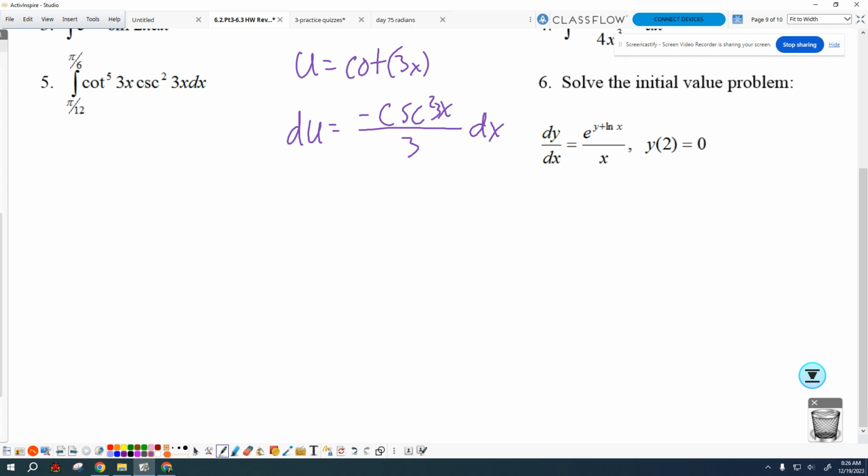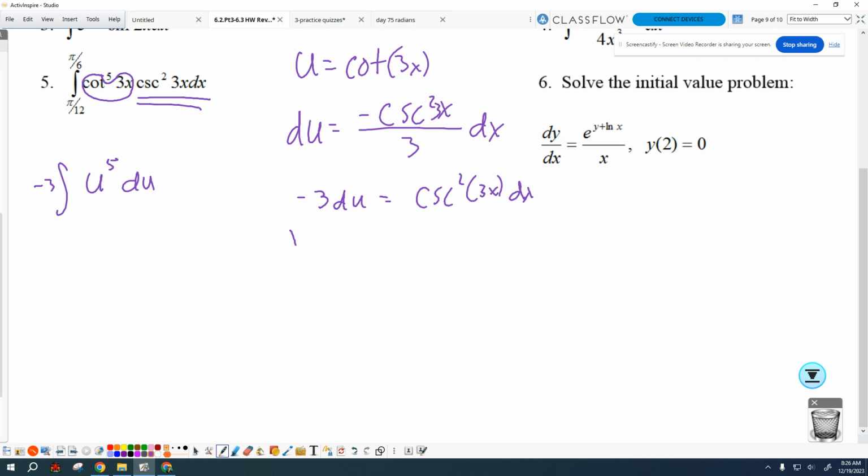Okay. So cotangent 3x is the u value. All right? U to the fifth. Cosecant squared 3x. Cosecant squared 3x is negative 3 du.